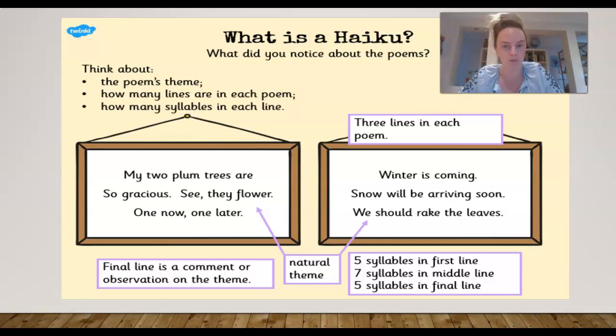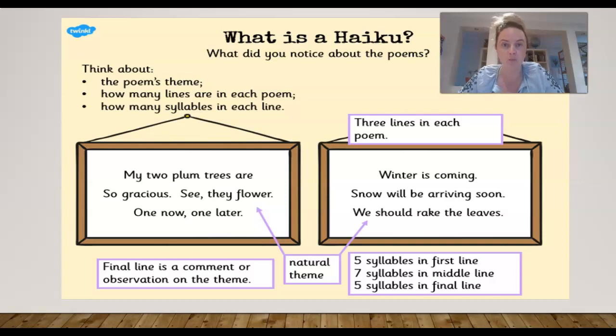Ooh, there's a pattern. There was 5 syllables in that first line and 5 syllables in this first line. So the first line of a haiku will always have 5 syllables. That is the rule. And we know with poems there's lots of rules.